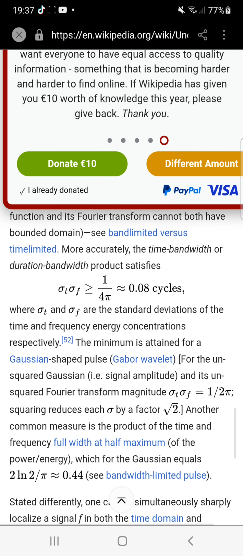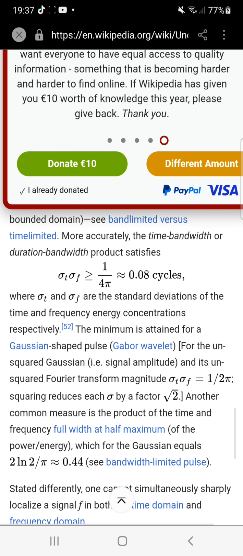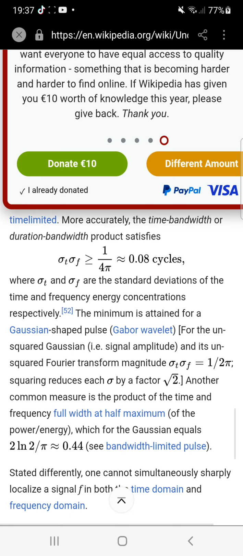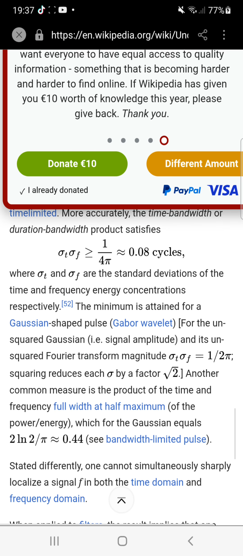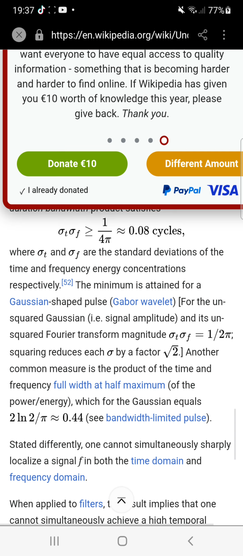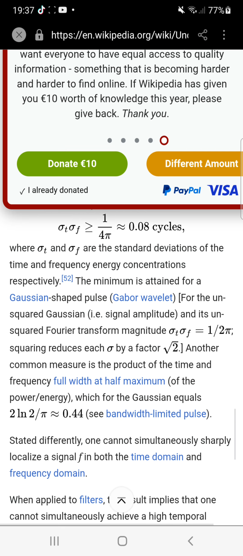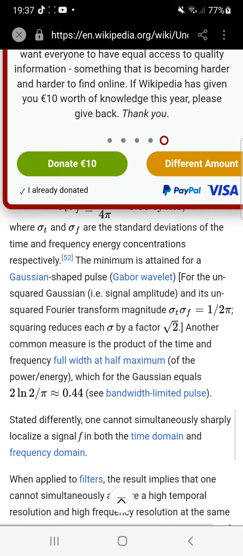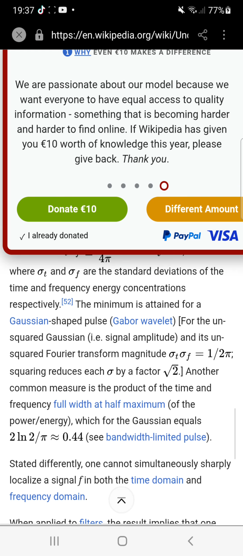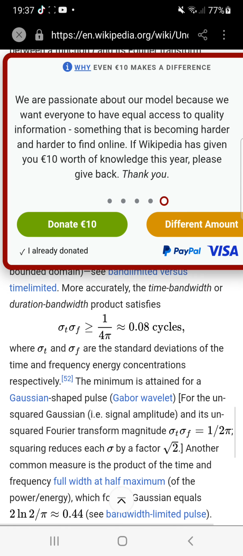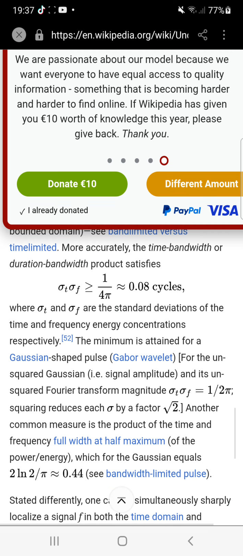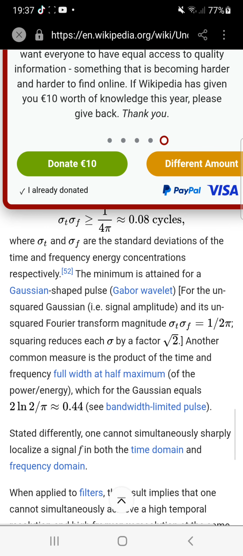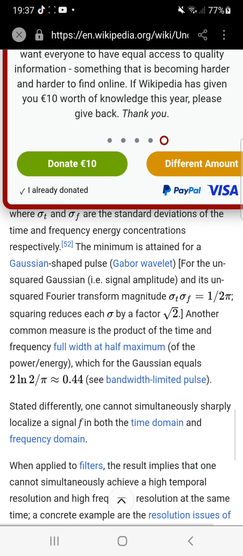See band-limited versus time-limited. More accurately, the time-bandwidth or duration-bandwidth product satisfies sigma t sigma f greater than or equal to 1 divided by 4π, approximately 0.08 cycles, where sigma t and sigma f are the standard deviations of the time and frequency energy concentrations respectively.